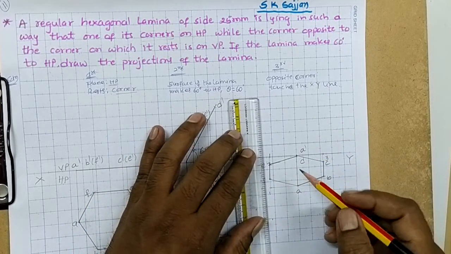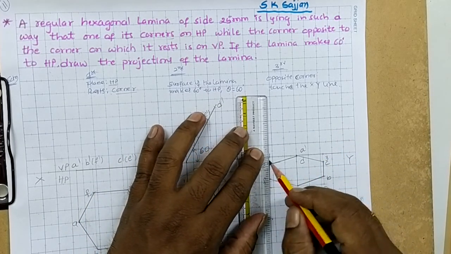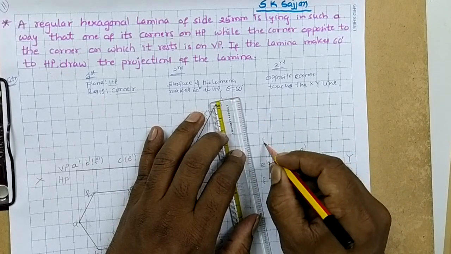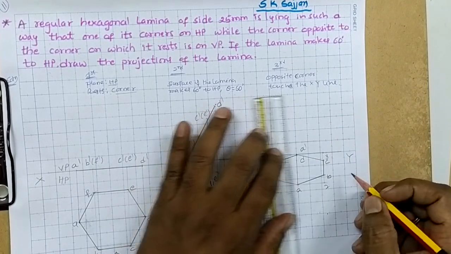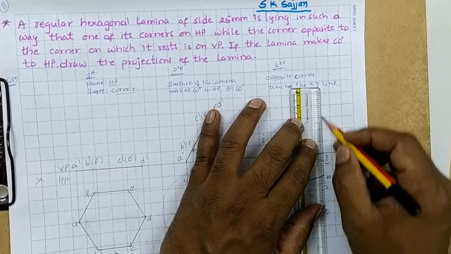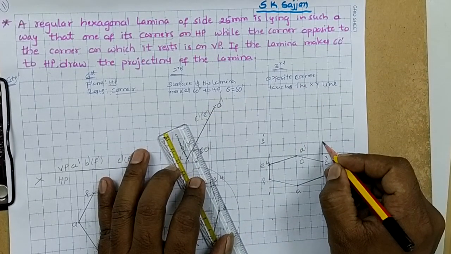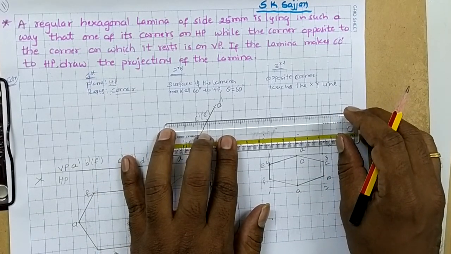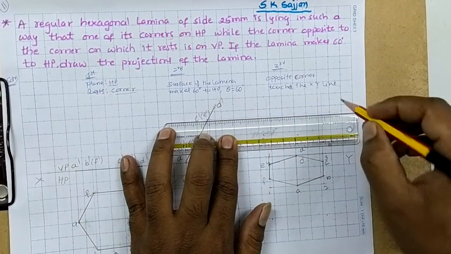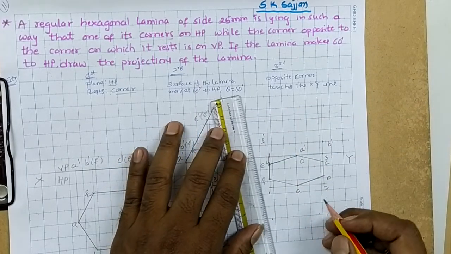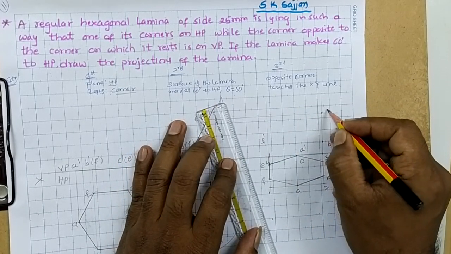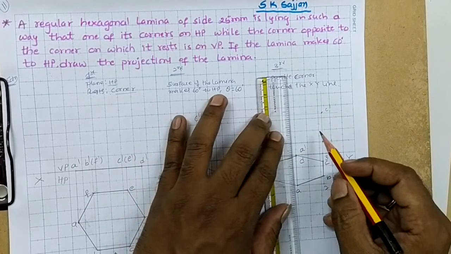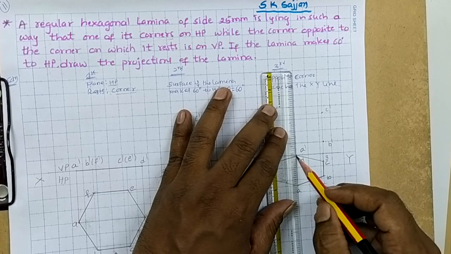B and F, sorry, B and F. This is the F. Okay, now F is here, F dash, and B, draw the vertical line. This point is B dash. Okay, now on this horizontal line, C and E. Okay, this point is C dash and this point is E dash. Now I want to draw the vertical line here.